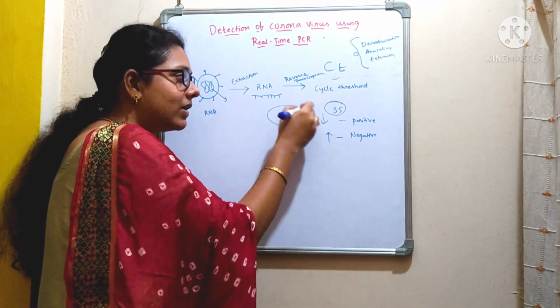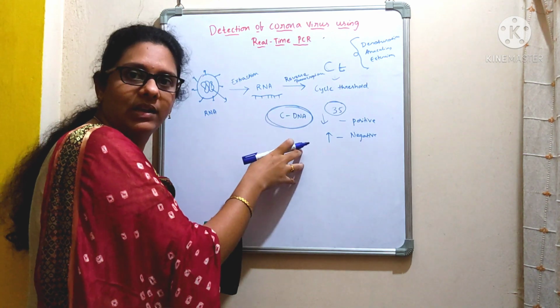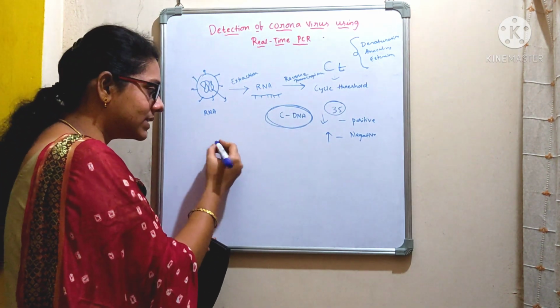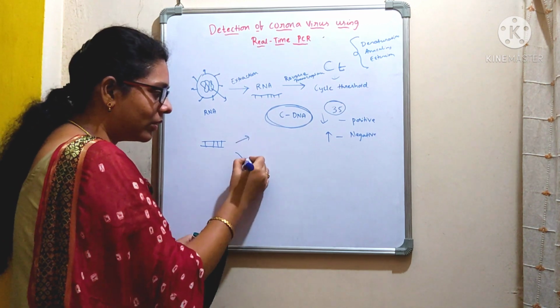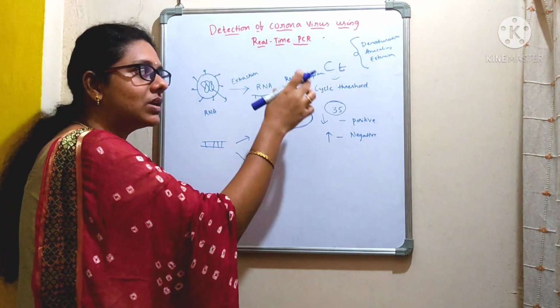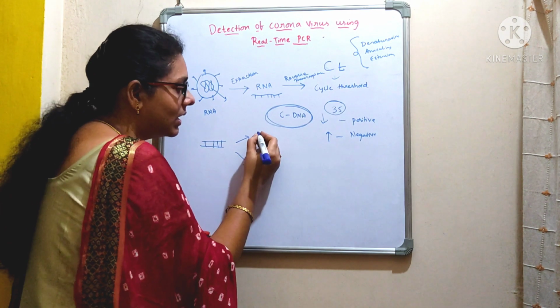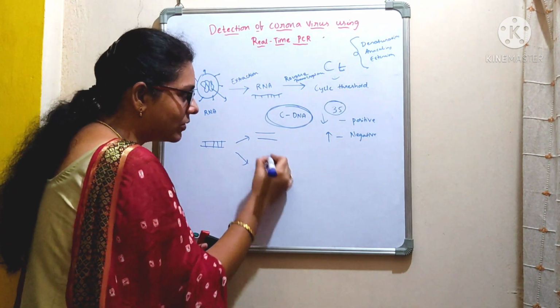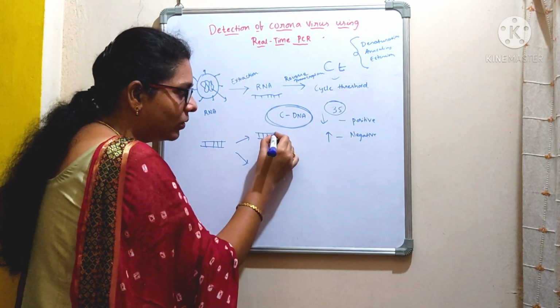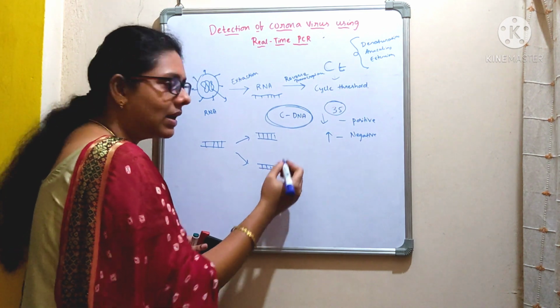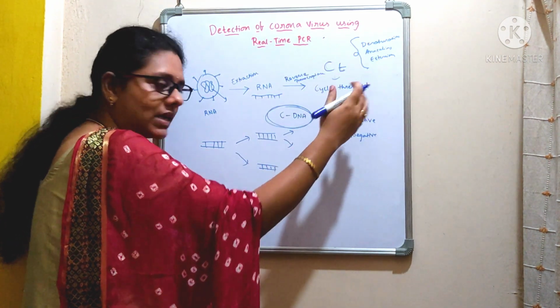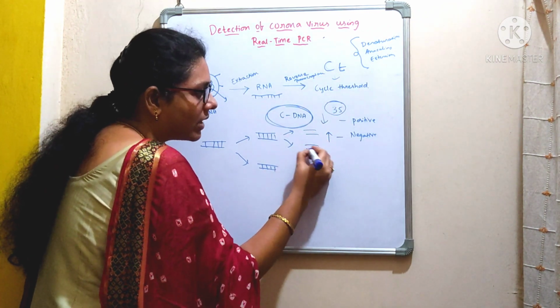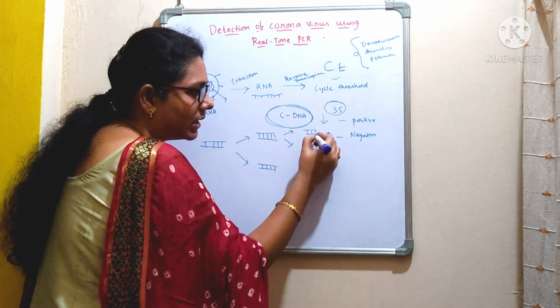We might have a very small quantity of DNA initially. See, for example, this is the DNA, right? When it undergoes the process of denaturation, annealing and extension, at the end of the cycle it is going to give rise to 2 DNA molecules, right? When they undergo denaturation, annealing and extension again, they will give rise to 2 daughter DNA molecules each.